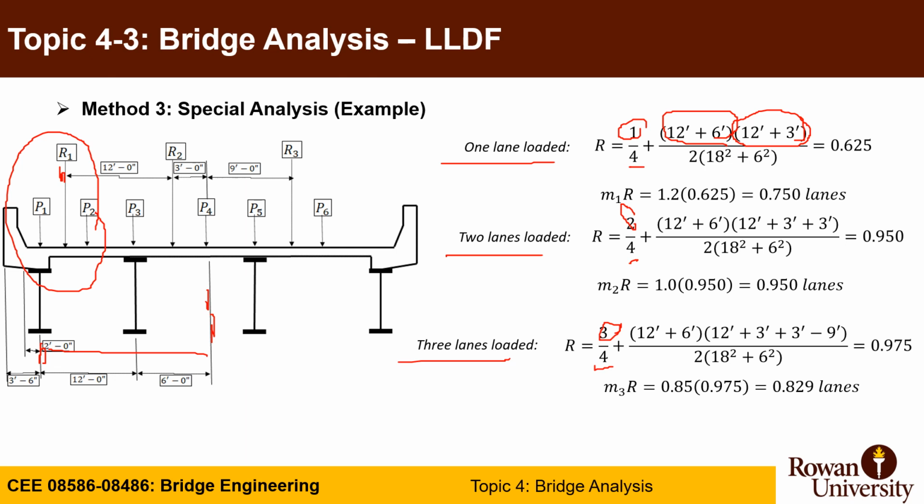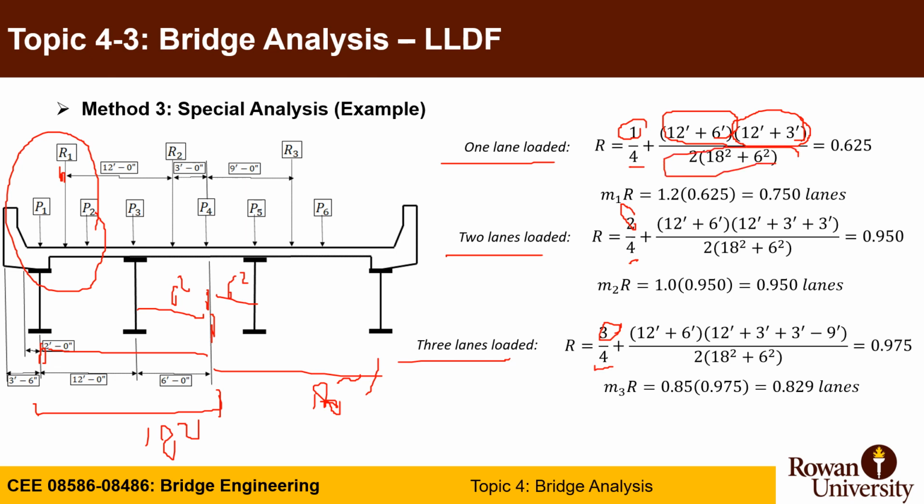Divided by every girder's distance to the centroid squared. So girder 1 is 18 squared, girder 2 is 6 squared, 3 is 6 squared, and the distance here is 18 squared. So if you add them up, you have 2 times 18 squared and 2 times 6 squared. Okay, this is always going to be a constant value in all cases.